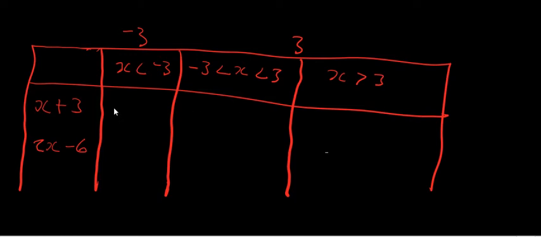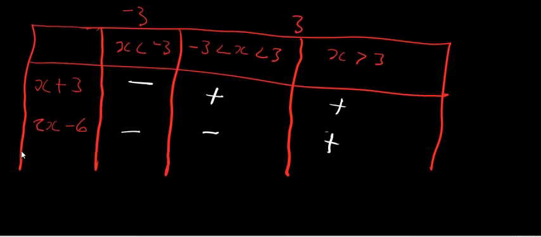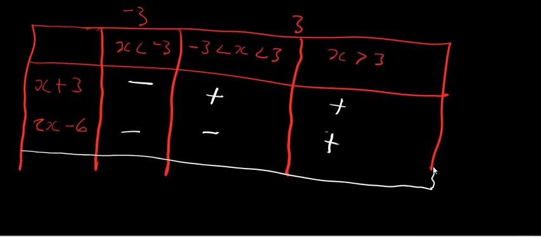We get a number less than -3, for example -4, and there it's going to be negative, and in the denominator also negative. For a number in between those two, we can get 0. 0 in the numerator is positive, and 0 in the denominator is negative. Then we get a number greater than 3, for example 4. 4 in the numerator will be positive, and 4 in the denominator will also be positive. After finding these, the only remaining part is for us to multiply them, so we can easily multiply those.